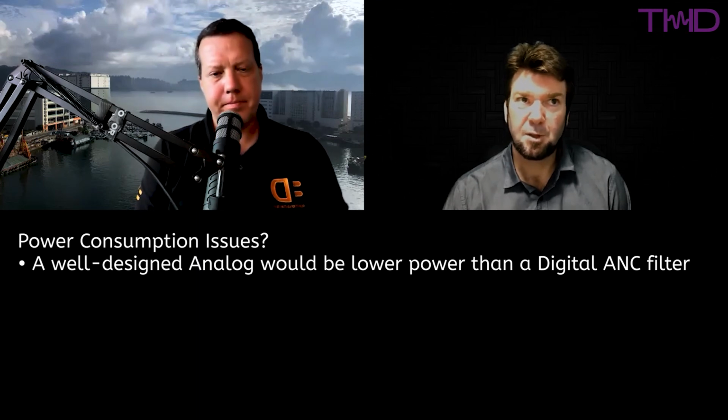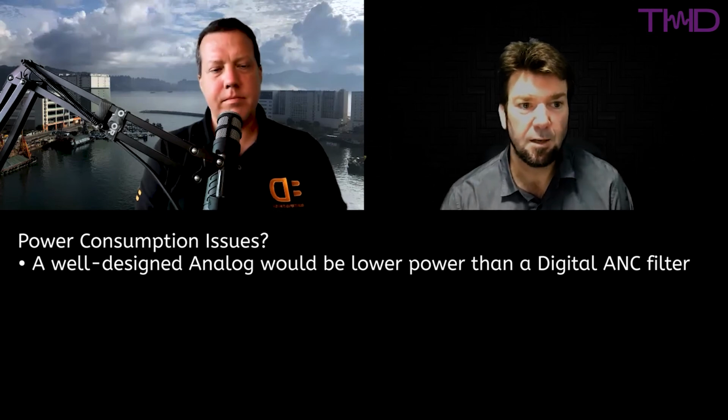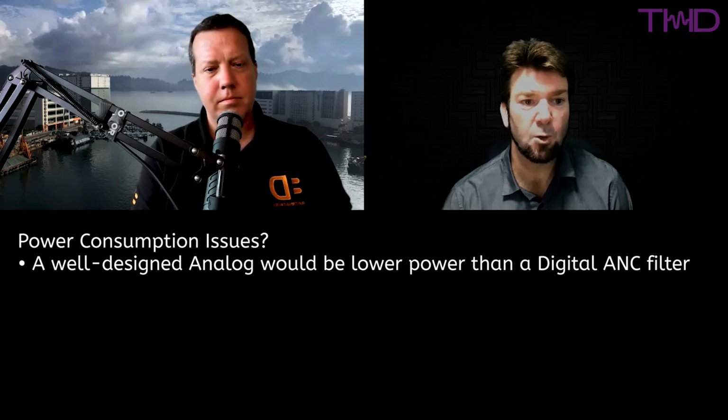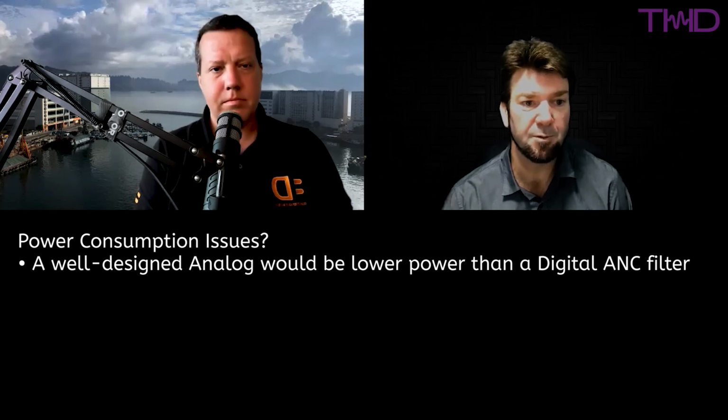So in general, I think the digital filter does win just because those advantages are so important. You don't need the additional board space, and it's a lot easier to develop with. Any issues with power consumption with ANC headphones in general? I think a very well designed analog filter with resistors and capacitors would use quite a lot less power than a digital filter.